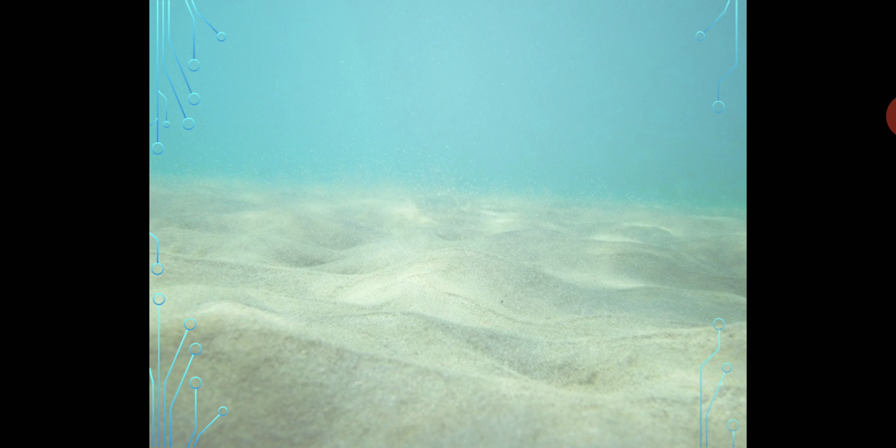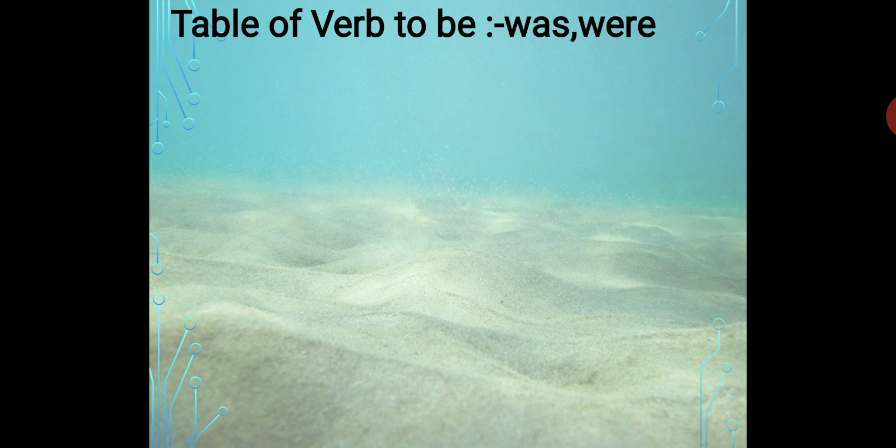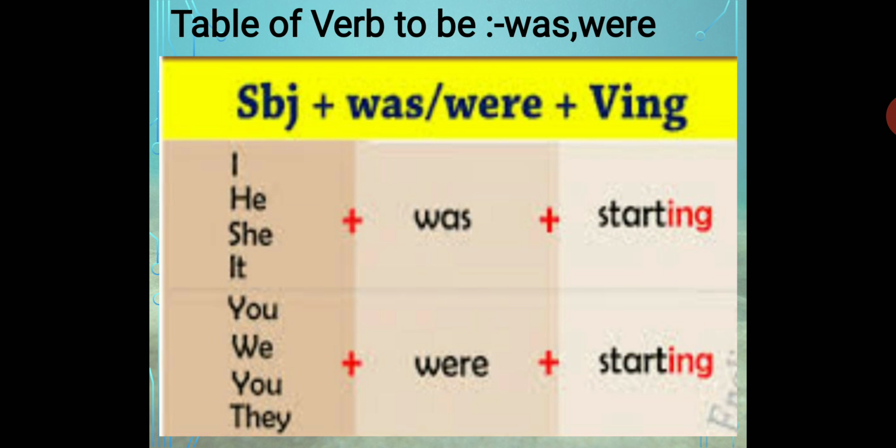Next chart, table of verb to be, was, were. Here we are going to revise the table of was and were. With which pronouns do we use was? I, he, she and it.